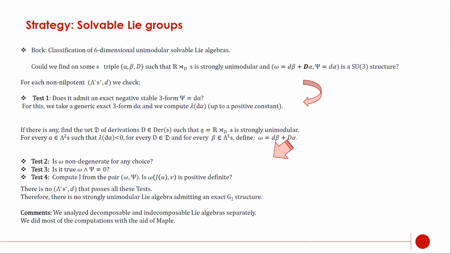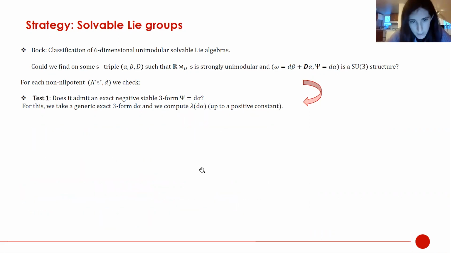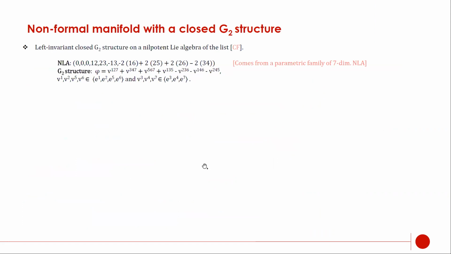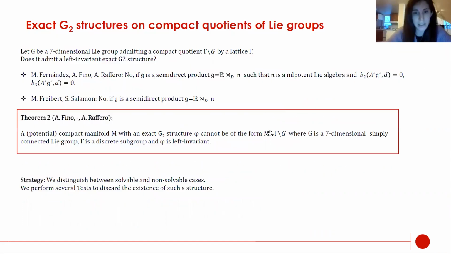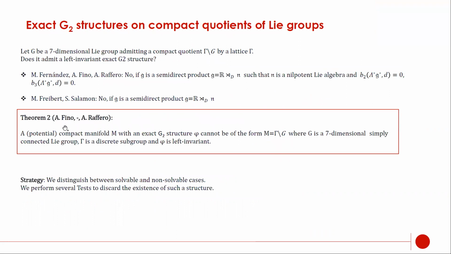The theorem says that you cannot find this closed structure with an exact one, as a quotient. But I wonder what if I take S a solvable non-unimodular with a closed G2 structure, but S is equal to G over H. It has a different presentation as a homogeneous space with G unimodular and with a lattice.